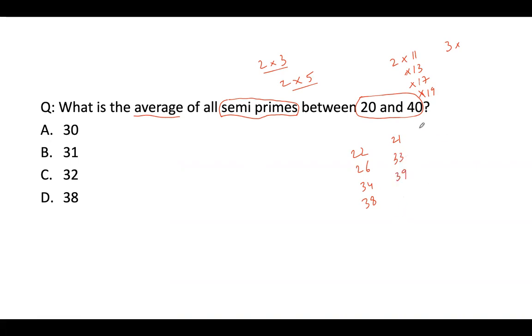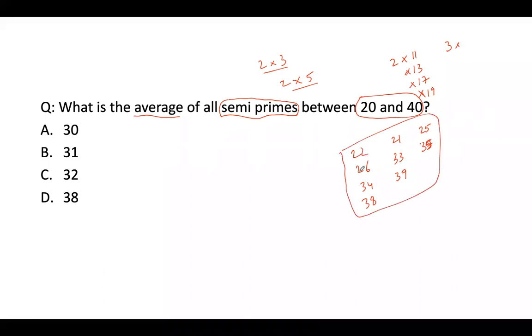And if I talk about 5, we can take 5 into 5 and 5 into 7. 5 into 11 will go beyond 40. If I take 7, I cannot go beyond, because 7 into 11 will go beyond 40. So these are the semi-primes which are between 20 and 40.